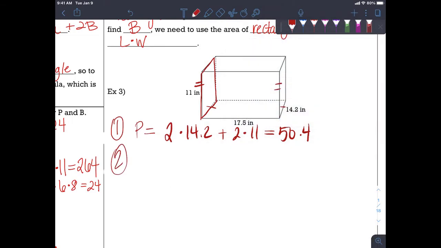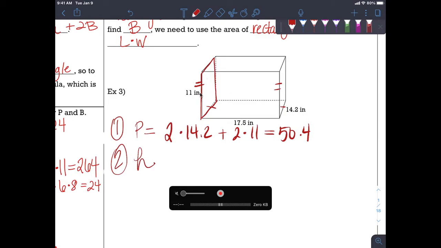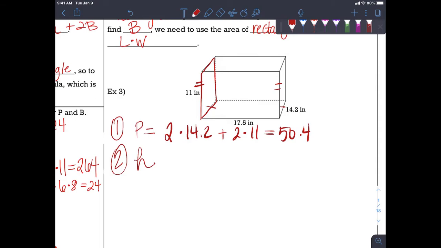Step number 2. Now I'm going to locate the height of my object. So if I consider this to be my bases, that means that this object is laying on its side. If you imagine a person, because the base would be like my feet and my head, laying down, this would be how tall they were. So my height is 17.5.